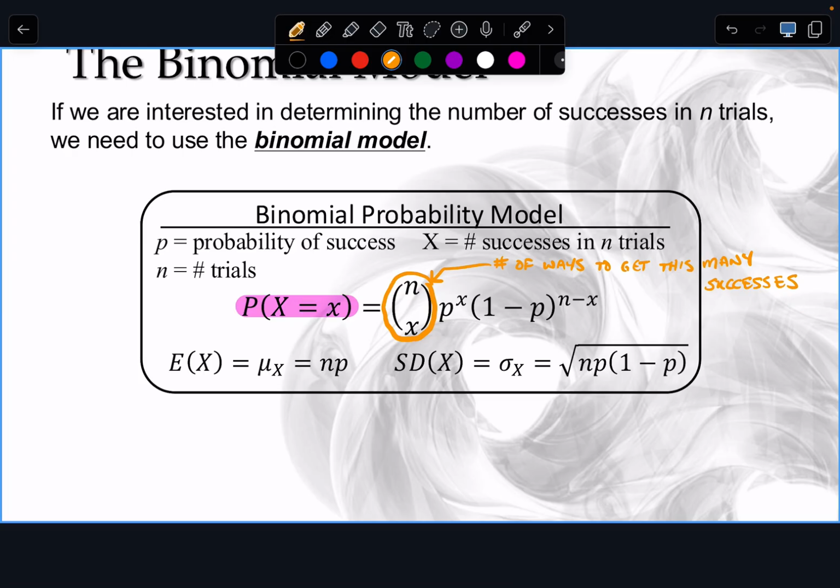We read this notation as n choose x. Number of trials, choose the number of successes we want. So this is calculating the number of ways to get this many successes.